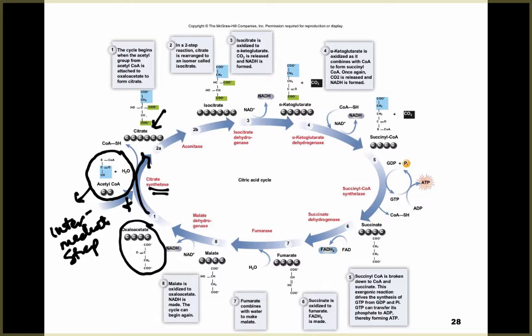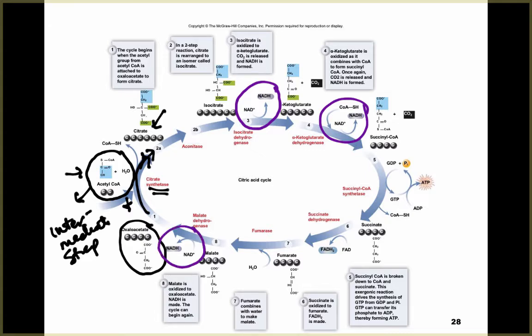So basically, this is kind of like he is on a feeder road and he's coming into the freeway. And all the other cars are there too, right? And so he's combining with all the other cars. So if you look through here, the important thing to realize is that you have several different areas where you're making NADH, right?